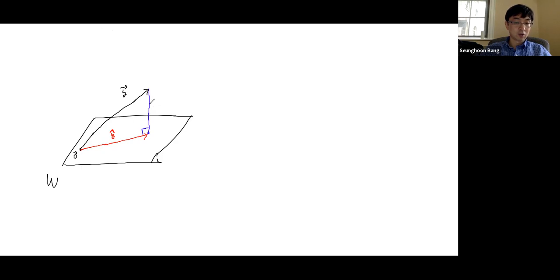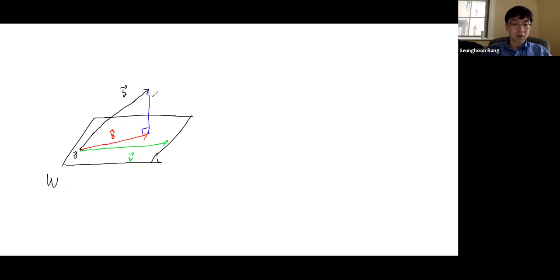Now you can choose another vector v in here, and I can use another color. This is vector v. What is the distance between vector y and vector v, and between vector y and y hat?